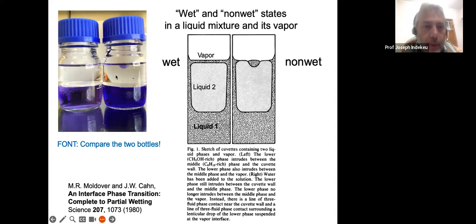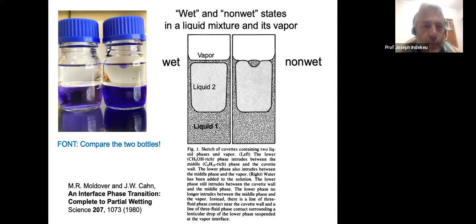So if we compare these two, then we wonder, why is there no droplet suspended on the left? And there could, of course, be many reasons for that. But the reason that is of interest here for these lectures is that if the system were in equilibrium, and that is not guaranteed a priori, so we will have to equilibrate the system, wait a long time for the diffusion to equilibrate the phases.